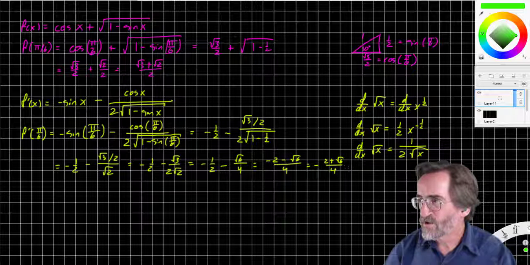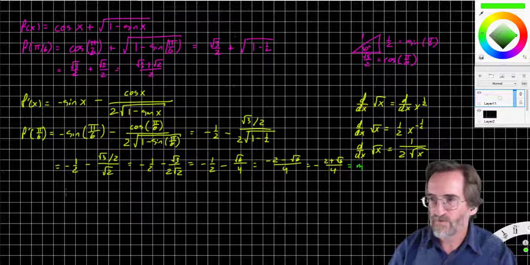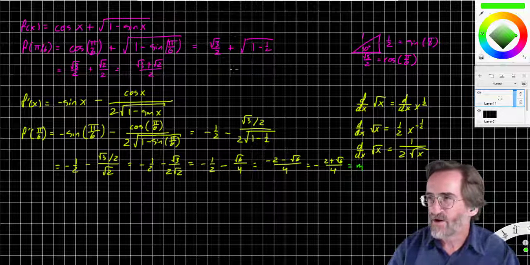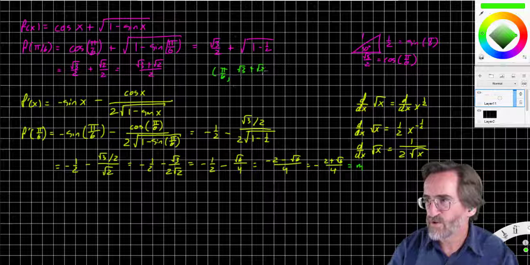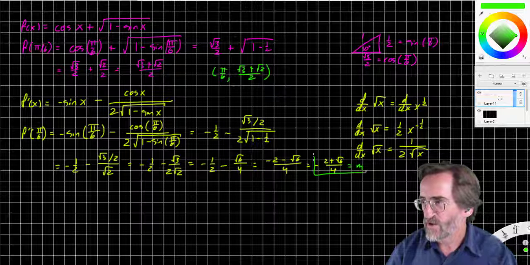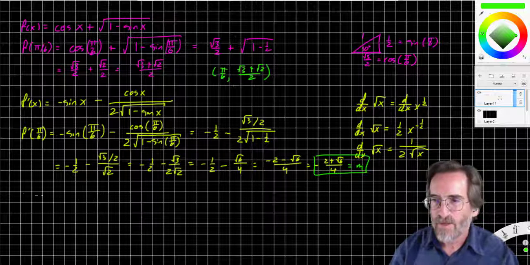So now we're going to use the slope-intercept form of a line. Not the slope-intercept, the point-slope form of a line. So we have our input, pi over 6, and our output, root 3 plus root 2 over 2. And we've got our slope right down here. So let's do it.